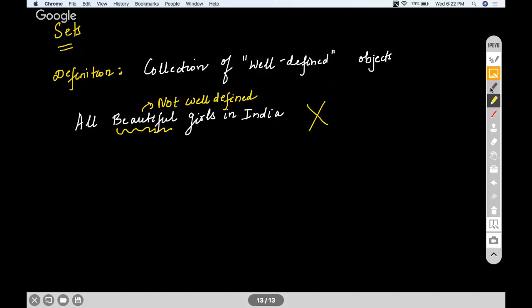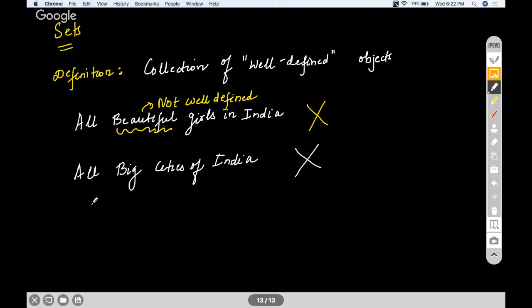Next, let's say all big cities of India. Is this a set or not? This is also not a set. Correct.